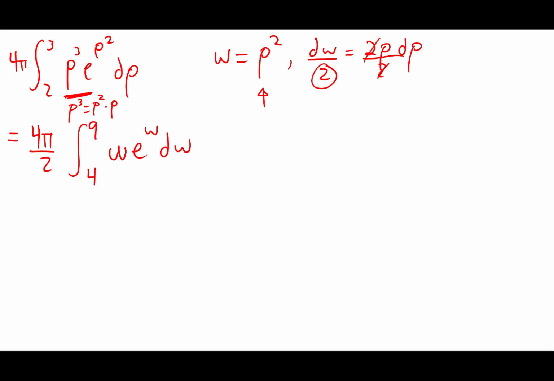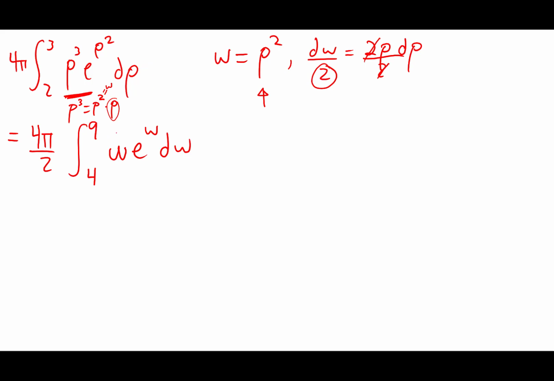I'll let you take a second to convince yourself that's what we get. The rho squared becomes the w, and the extra rho becomes that differential, in addition to the d rho.